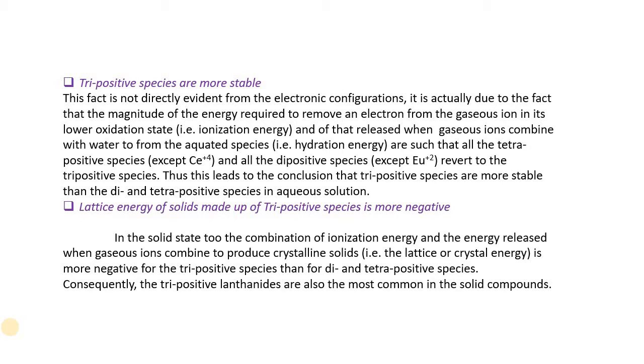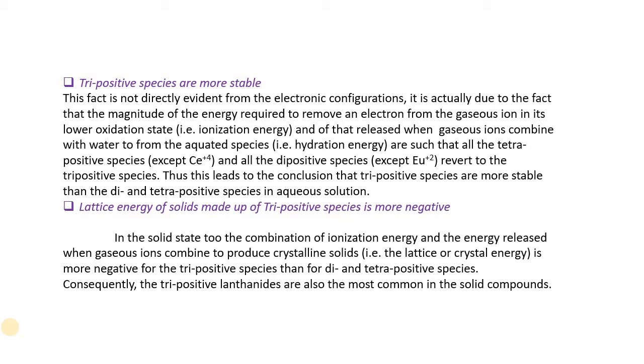Scientists concluded that tripositive ions are more stable as compared to di and tetrapositive species in aqueous solution. Simply we summarize these concepts: the lower the ionization energy and the higher the hydration energy, the species having a +3 charge is more stable as compared to other species having +2 and +4 oxidation states.